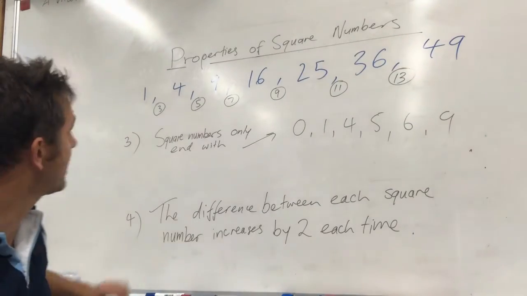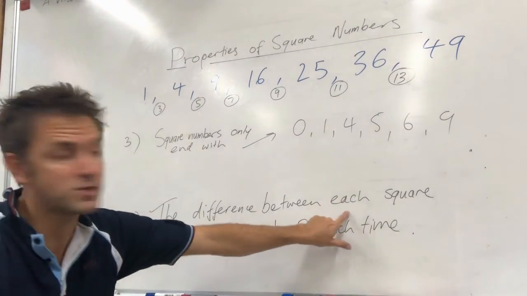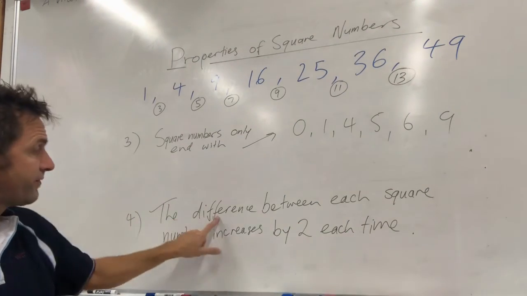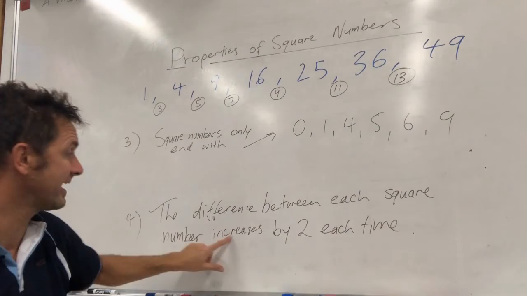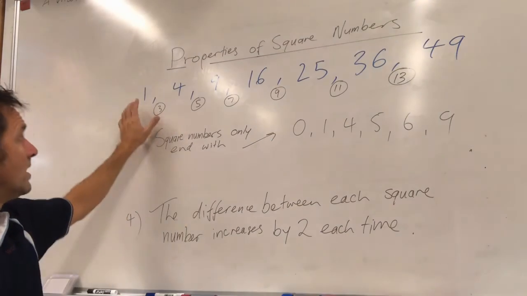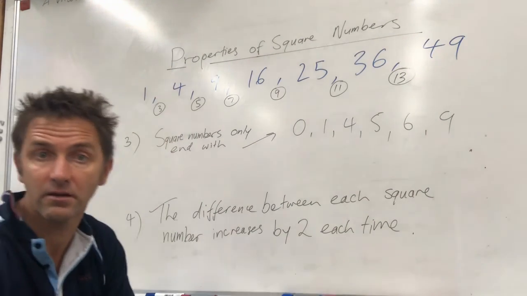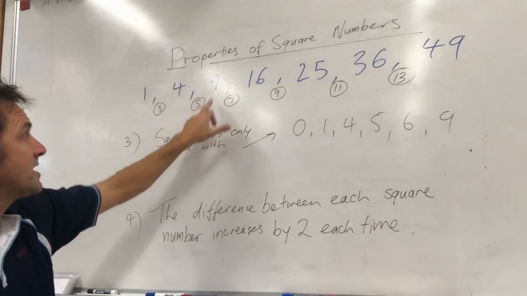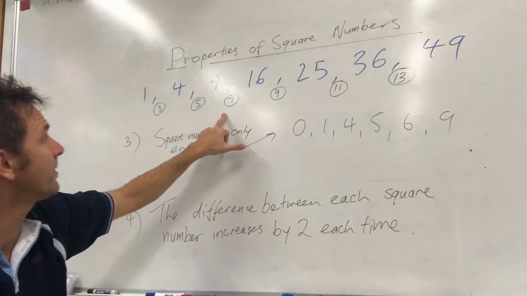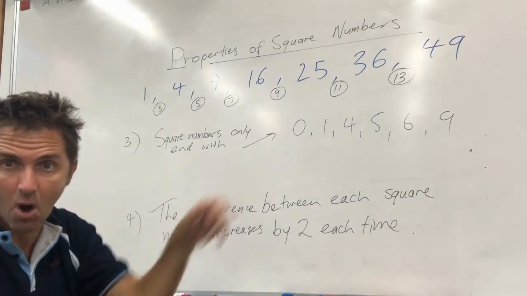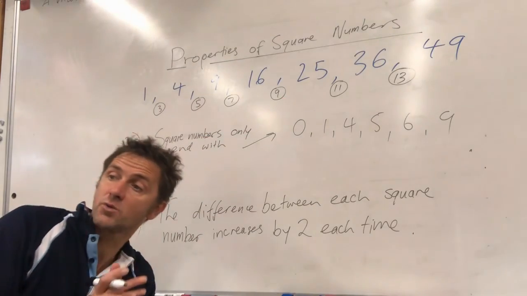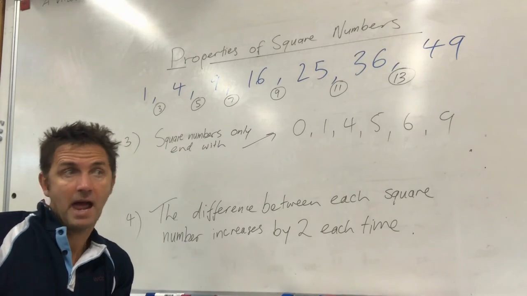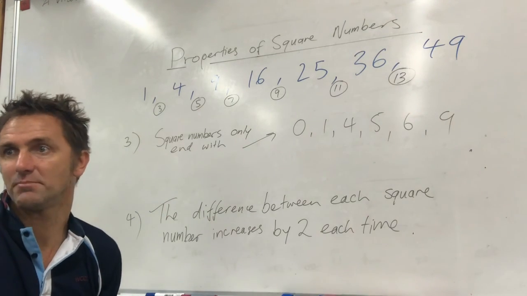Write this down: the difference between each square number increases by 2 each time, and it does. Look, the difference between 1 and 4 is 3. But the difference between 4 and 9 is 5. The difference between 9 and 16 is 7. The difference between 16 and 25 is 9. So the difference between each square number consecutively gets bigger by 2 each time. And that goes on and on forever in numbers.